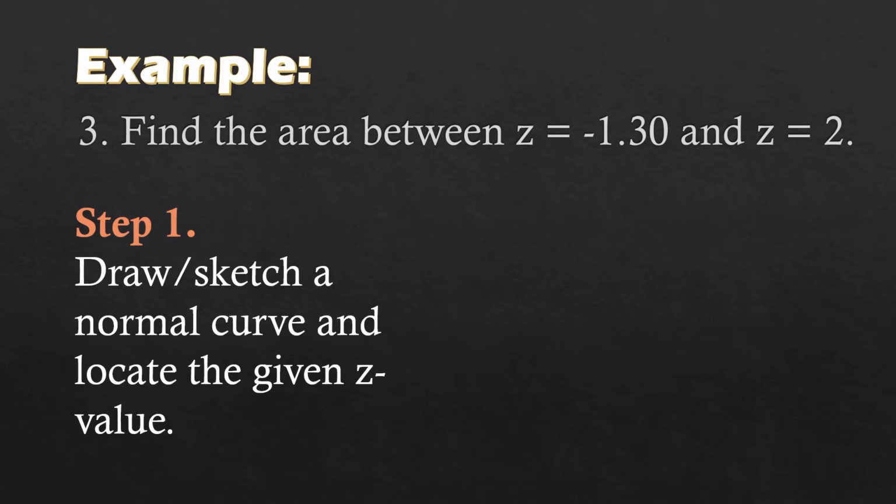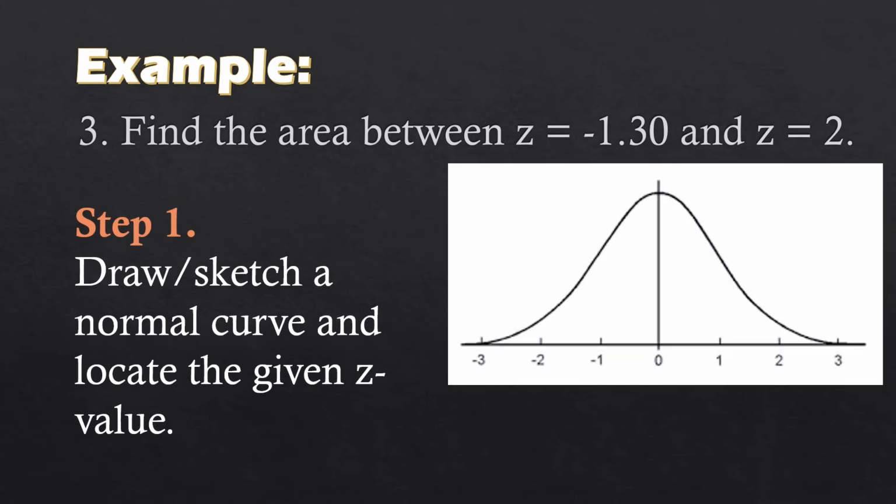For step 1, draw or sketch a normal curve and locate the given z values. Here is the normal curve again. We have z equals negative 1.3 and z equals 2. We are looking for the area in between these two, this region.